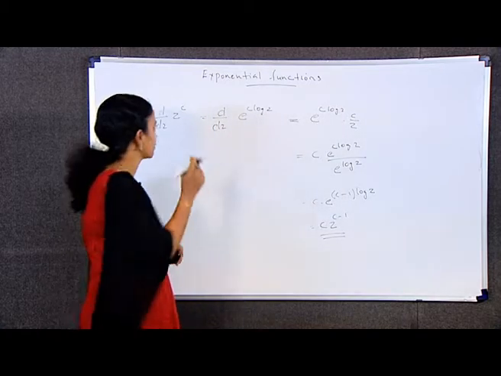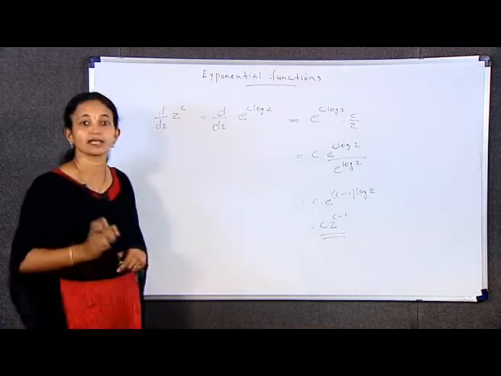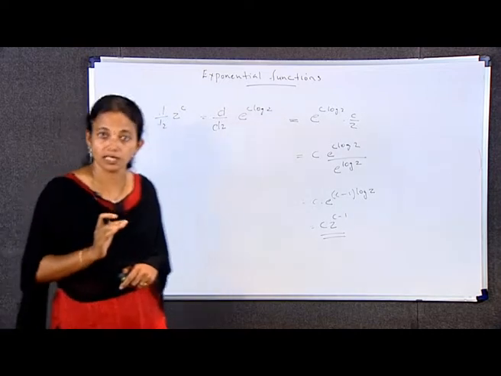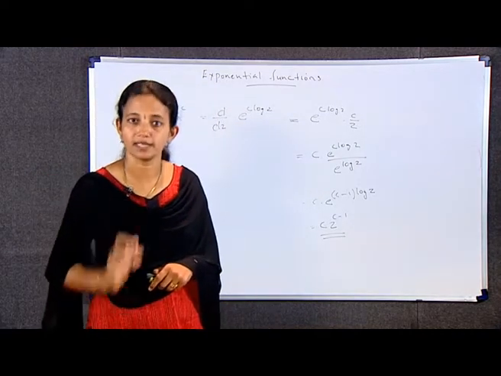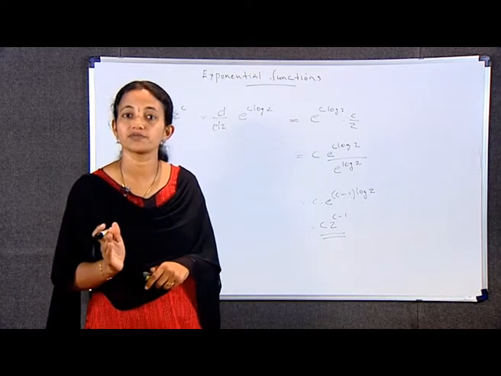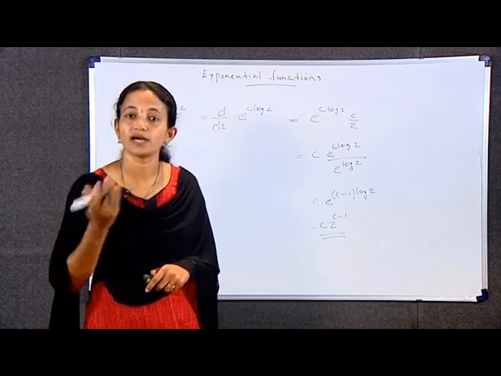That is, I have d by dz of z raised to c is equal to c into z raised to c minus 1, where mod z greater than 0 and argument of z lies in between alpha and alpha plus 2 pi.